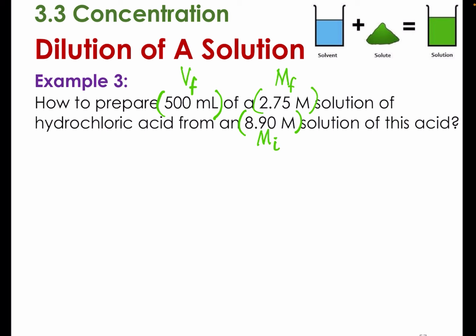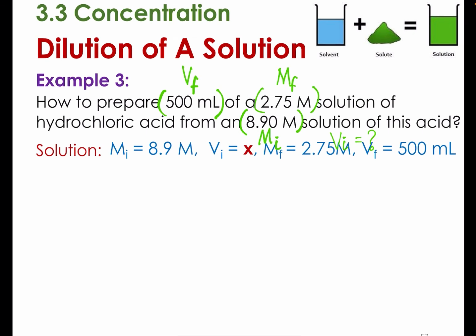So this is what I want to calculate, V initial. So what will happen, I take out all the values from the question. So these are all the value, and then I use the formula MIVI equals to MFVF.